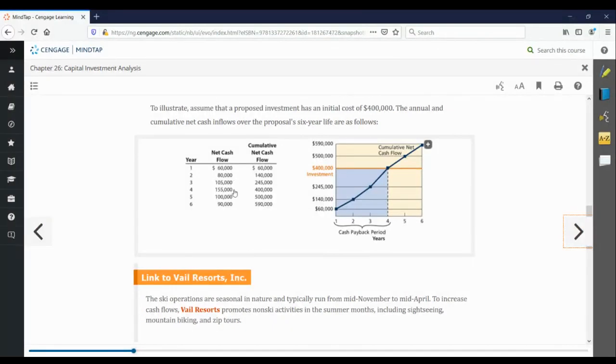So each year that they're using this asset, they're determining each year's cash flow that they're going to get from the investment of that asset that cost them $400,000.